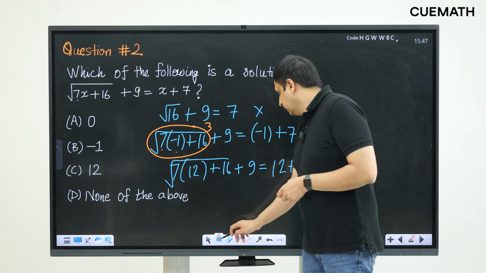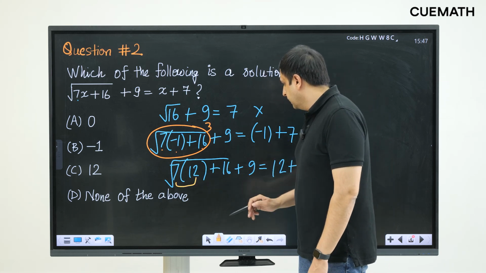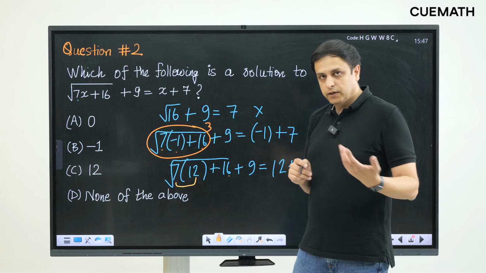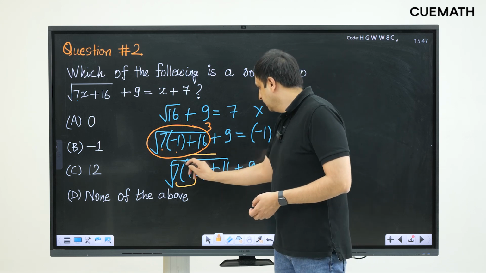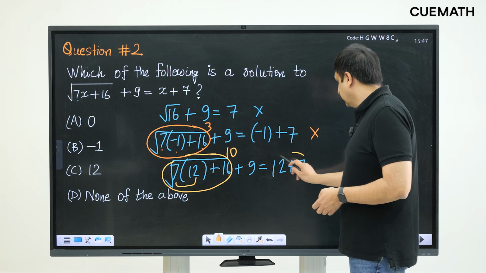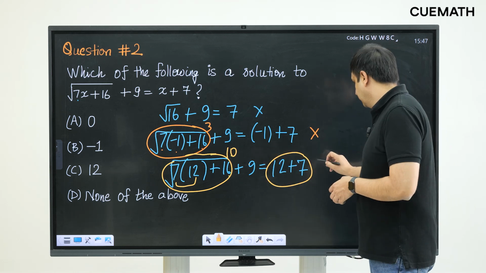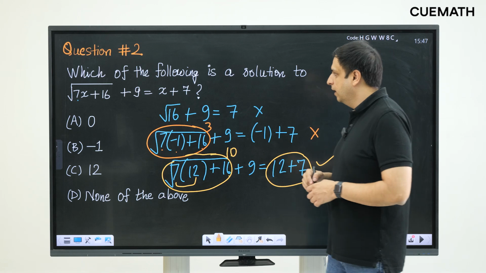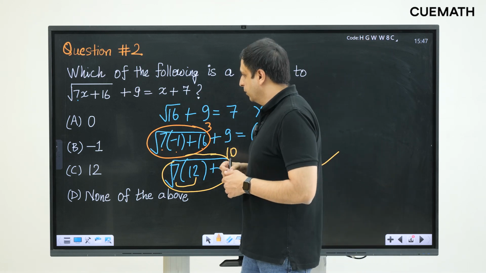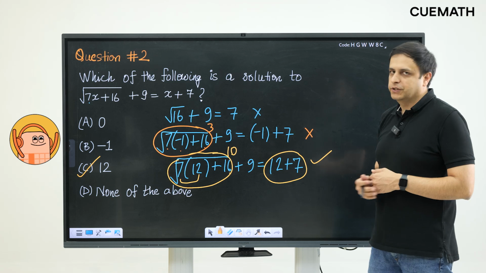Now on the left side, 7 times 12 is 84, 84 plus 16 is 100, the square root of that is 10. So 10 plus 9, and on the right side I have 12 plus 7, which is 19. The left side is also 19. So actually x equal to 12 will work for this equation. So our answer here is 12. 12 is the solution to the equation.